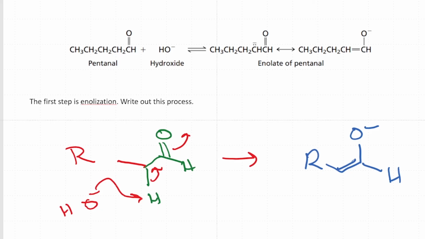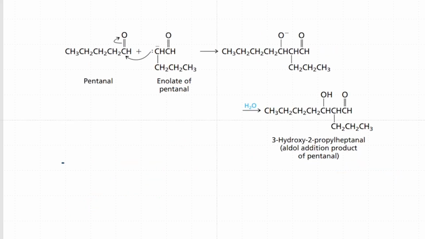Now what we have done in this process is generate the nucleophile, and the electrophile here... if there's no electrophile, then it's just going to form the enolate. But if there's an electrophile, which is basically pentanal itself, then the aldol reaction can occur. So there is a self-aldol reaction.